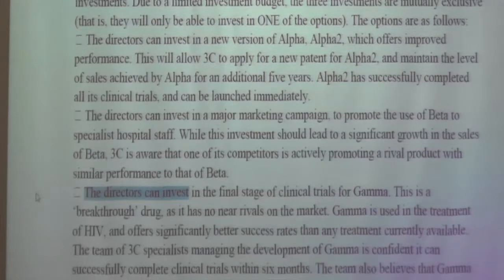Now you could say, for example, with regard to the information provided, the gamma product is a breakthrough drug. Therefore, 3C has a first move advantage. As a result of this, there shouldn't be rivals, or if there are rivals, they cannot sell the product as viably in comparison to how we are selling the product.